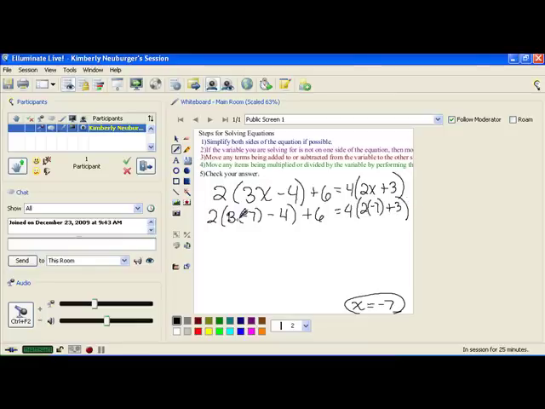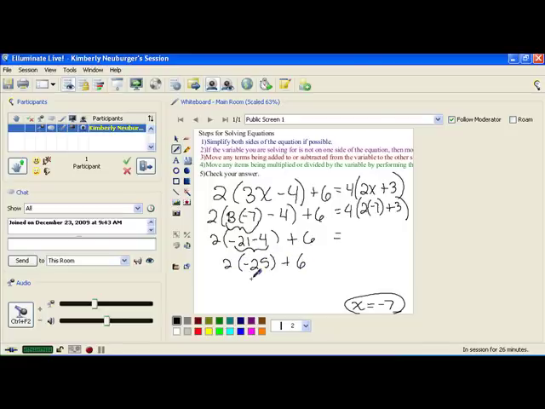I'm going to start over here on this left-hand side, and following order of operations, the first thing I would do is this 3 times negative 7, which is negative 21. Now I would combine the negative 21 and the negative 4, and when I combine those, I get negative 25.